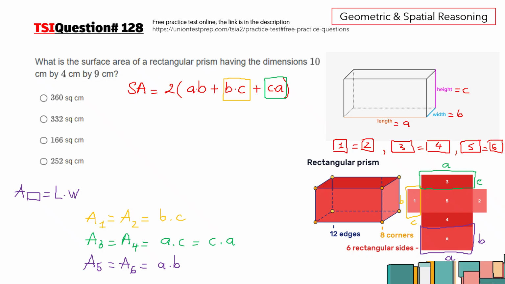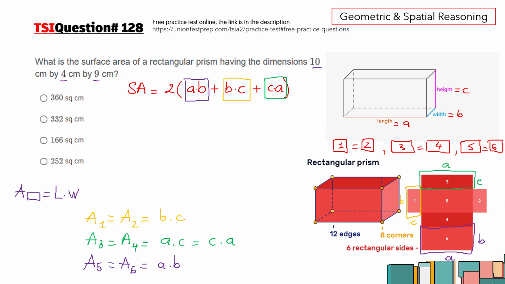How we memorize the formula: you start with A, multiply by B, then add. Next is B, connect to C, then add C and come back to A, because you only have 3 dimensions: 10, 4, and 9. It doesn't matter how you do it. You choose A equals 10, B equals 4, and C equals 9. Just use it as a series so that you don't forget it.